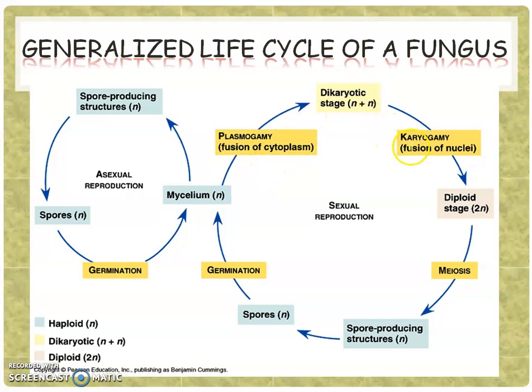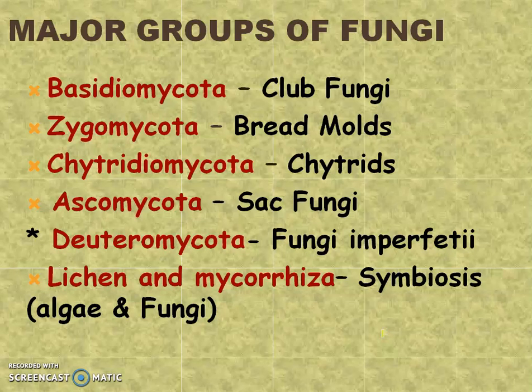Then karyogamy occurs, that is when two nuclei fuse, and N plus N forms a diploid stage. This will undergo meiosis, that is the 2N will become N again. When it undergoes meiosis, many small spores are produced, either 4 or 8, and these spores then germinate into new hypha.